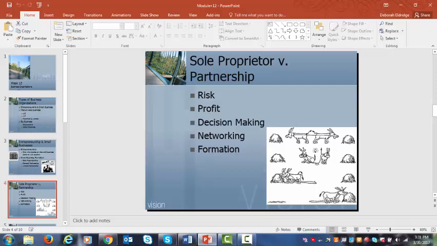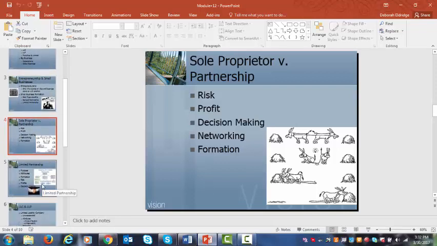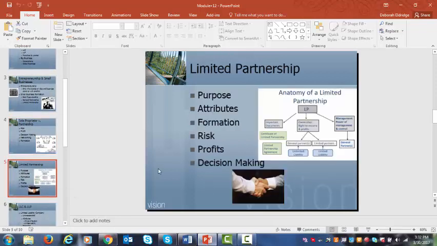So if you are going to decide on a partnership, think about the qualities and characteristics that you and the other person who will be your partner are bringing to the company and the business. Maybe one of you is better at networking and organizational skills, and the other is better at finances. So you want to think about those things when you think about selecting somebody to bring into a business.